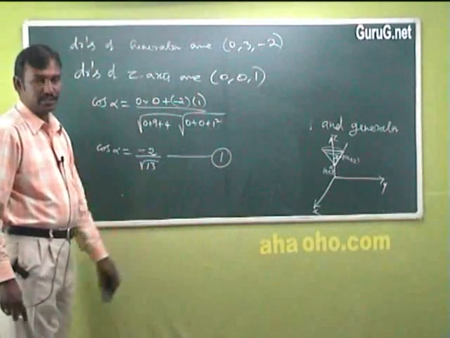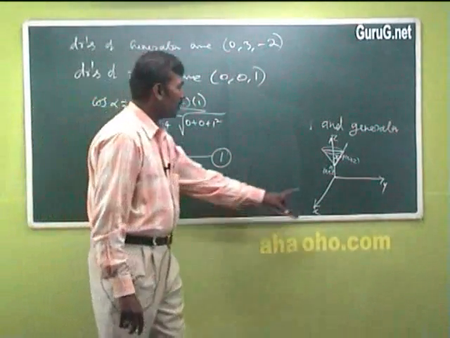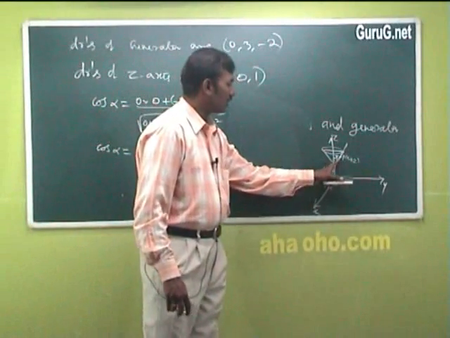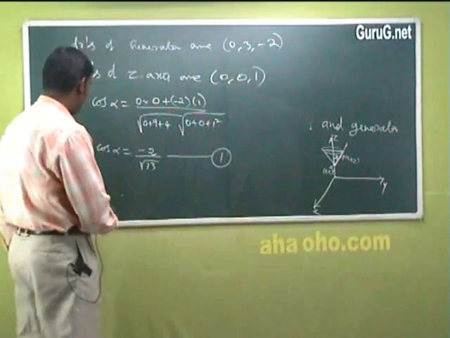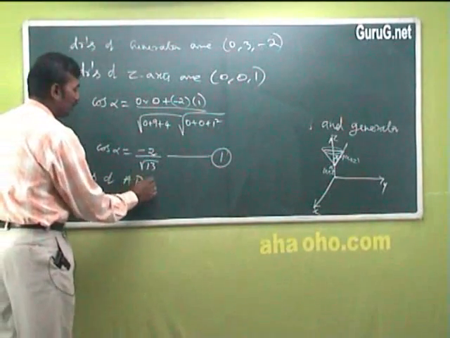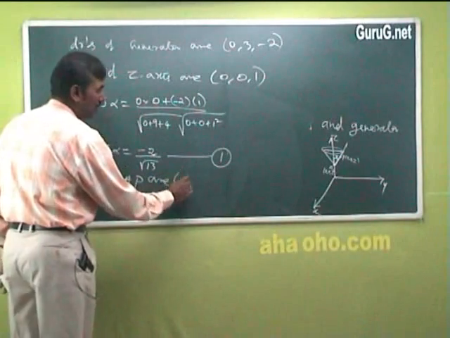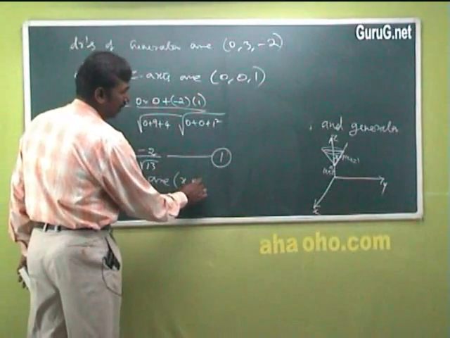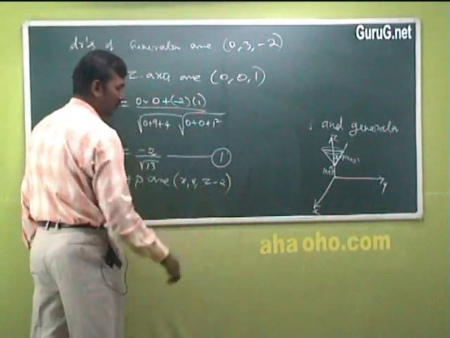Take it as equation number 1. And P be any point on this cone, the drs of AP are, what is that? x, y, z minus 2, right?